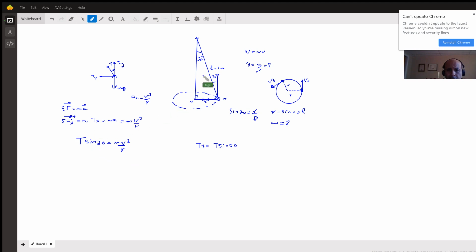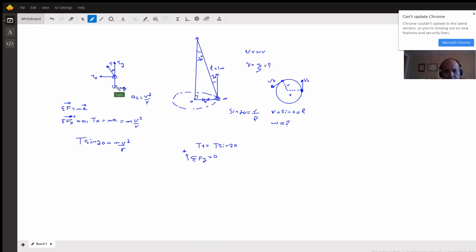We do not know T, it's not given to us, but we need to find T in terms of something in order to solve this. So let's look at the forces, the sum of the forces in the y direction equal to 0. We assume the positive forces are up. So what do we have?